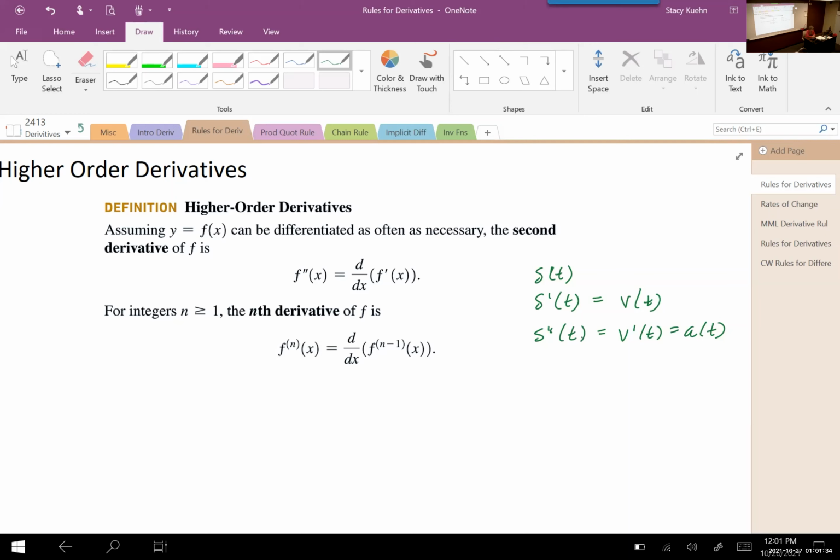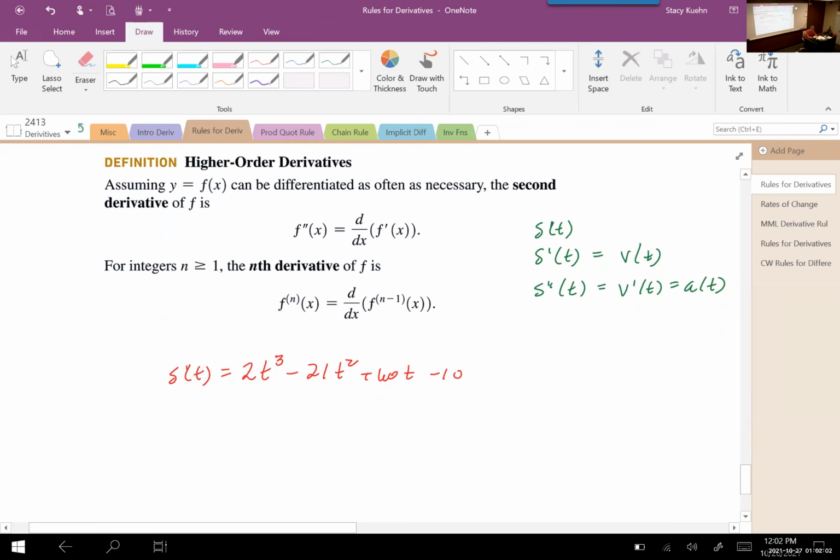So let's take that one we were just looking at. We had S, which was given by 2t cubed minus 21t squared plus 60t minus 10.